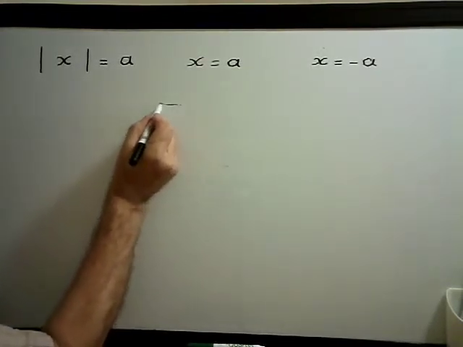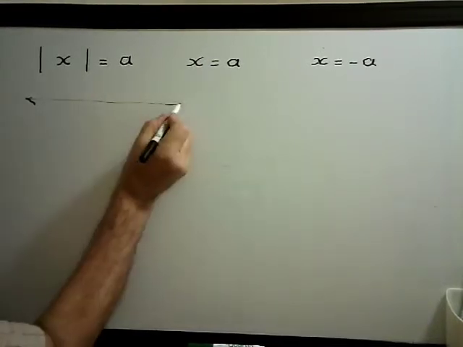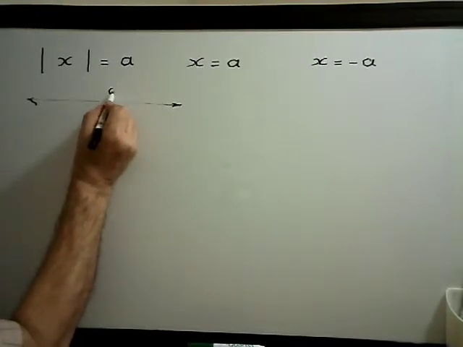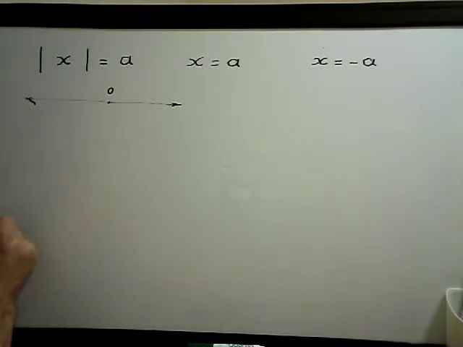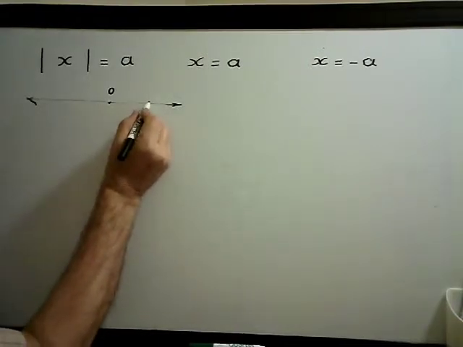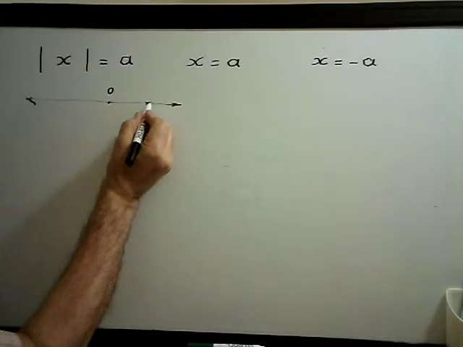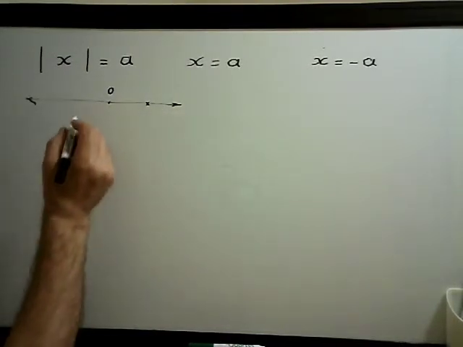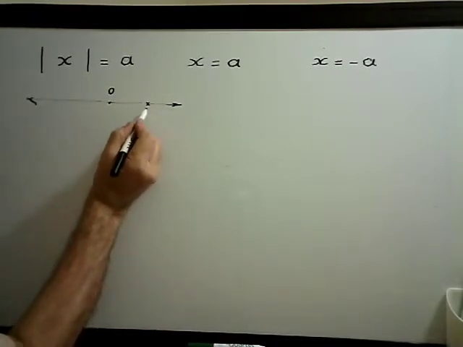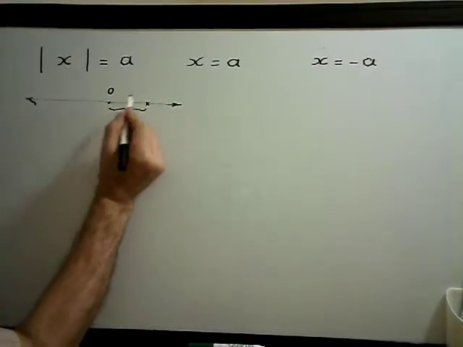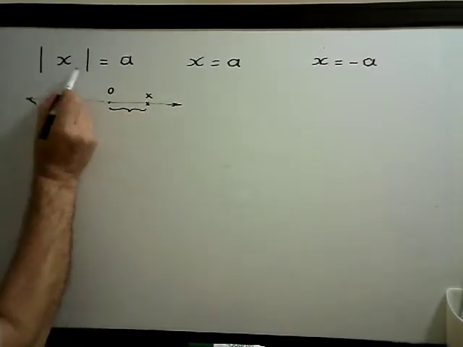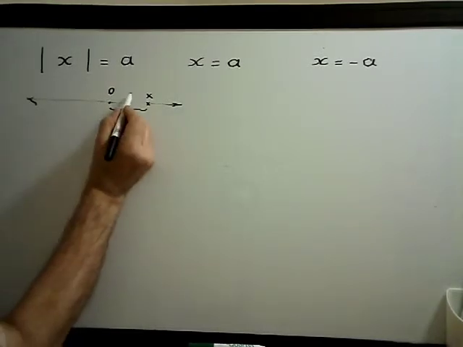Now, on the real number line, if the origin number is O at this point, and x at this point, when x is positive, the distance between x and 0 is the absolute value here, named by a.